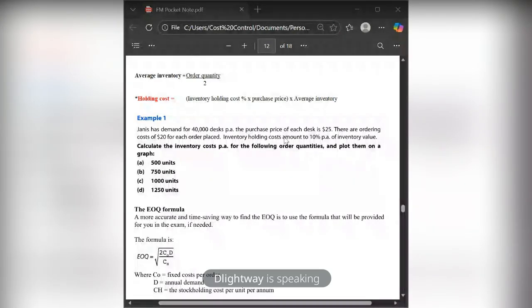Inventory holding cost amounts to 10% per annum of inventory value. Please, can anyone break down what this statement is saying?